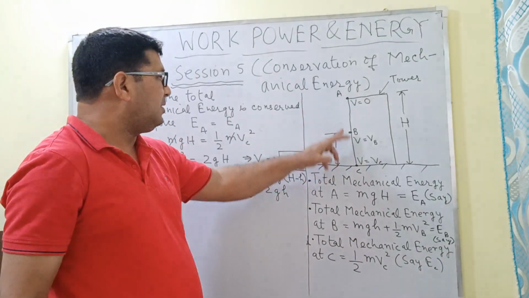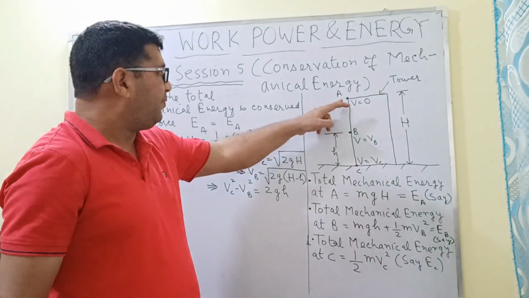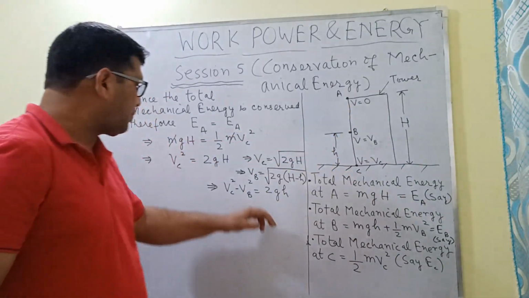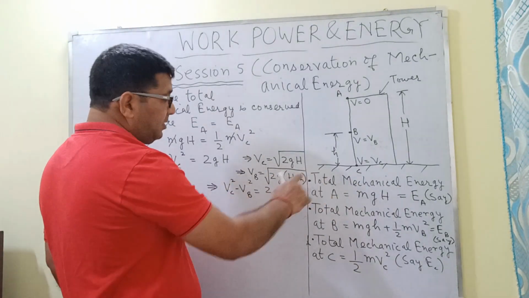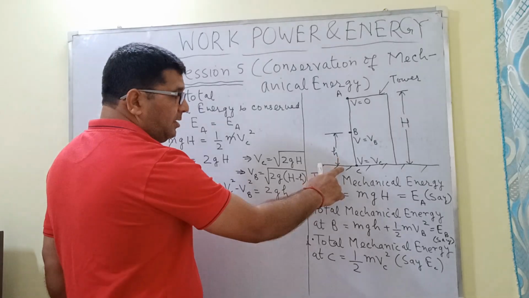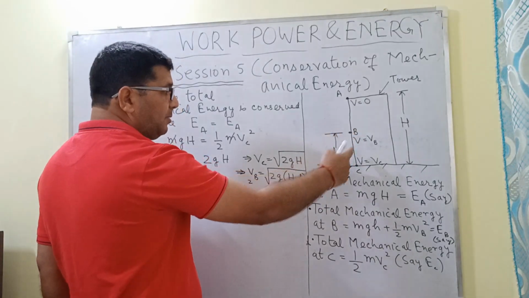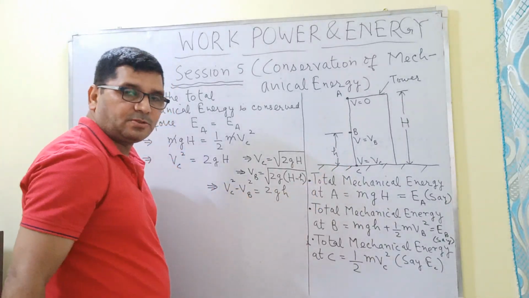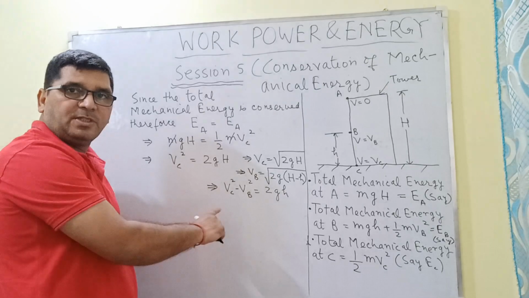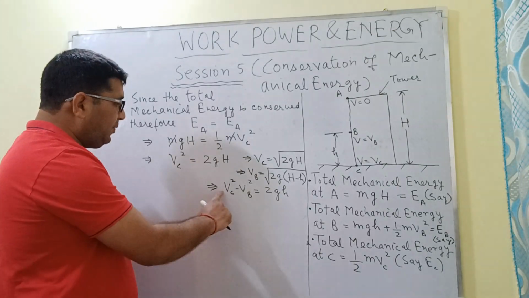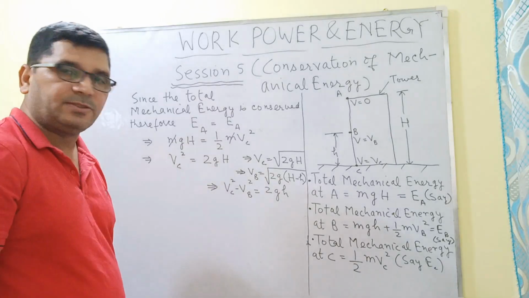And the velocity of the ball anywhere between the topmost point and the bottommost point will be given by under root of 2g(H minus h), where small h is the height of that object, or in this case it is a ball, from the surface of the ground. And the third equation is that vc square minus vb square is equal to 2gh.